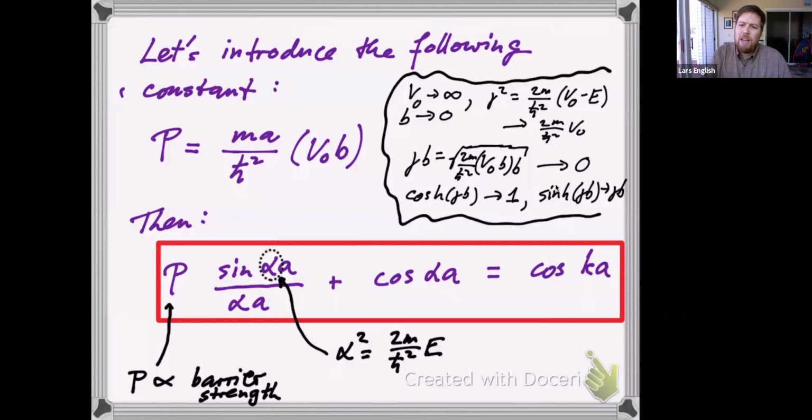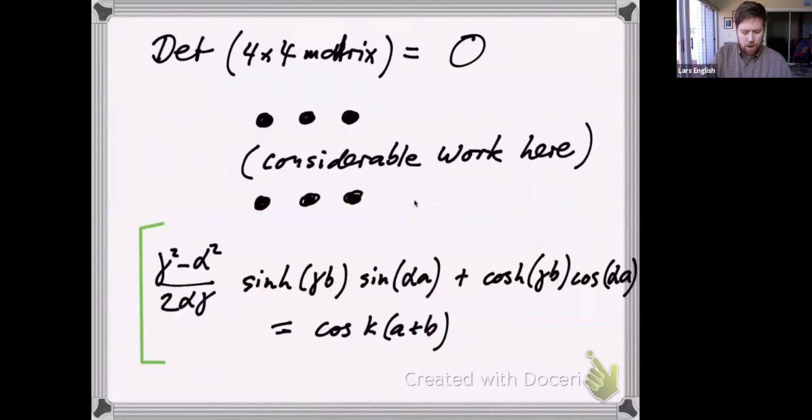Okay, when you then plug this here into the previous equation, see where that is here. So this sinh here would just turn into gamma times B. The cosh here would turn into 1. And we're also going to drop the B in here because B goes to 0, right?